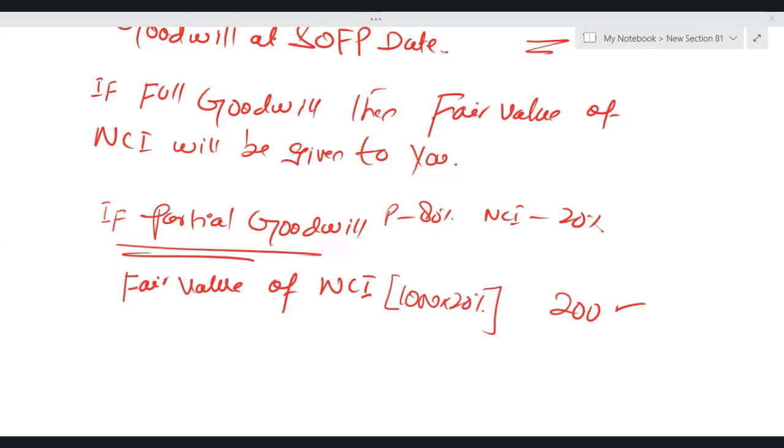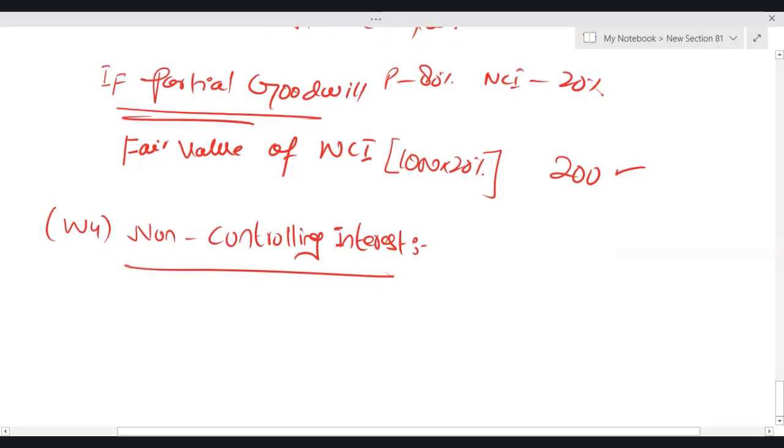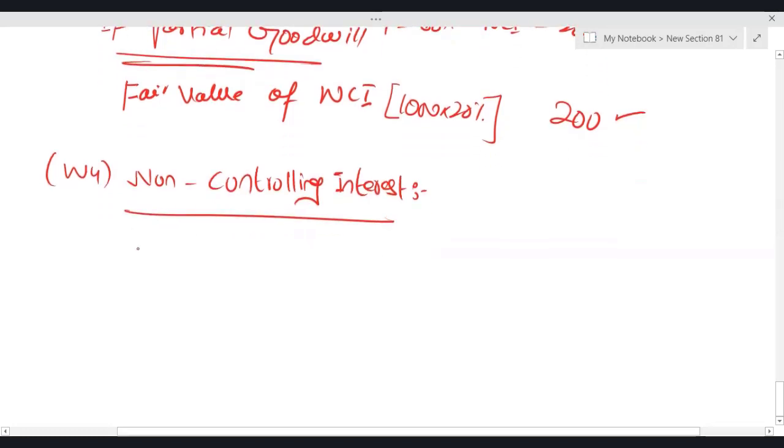Now, step 4, working 4, that is non-controlling interest. First of all, you will take fair value NCI at acquisition.